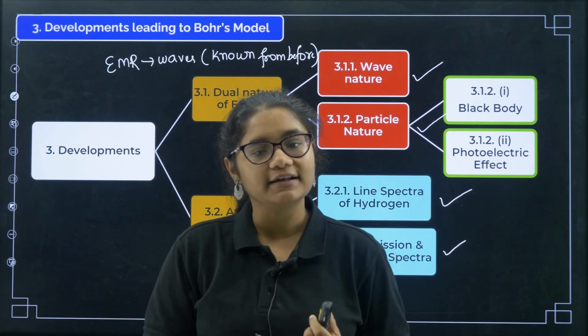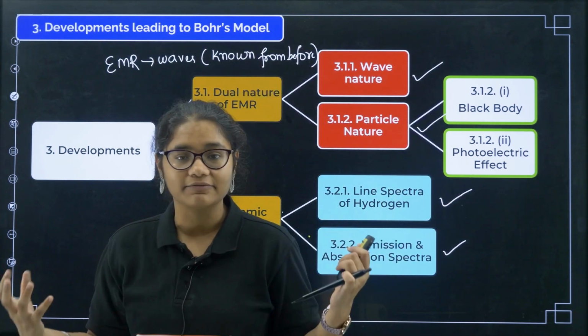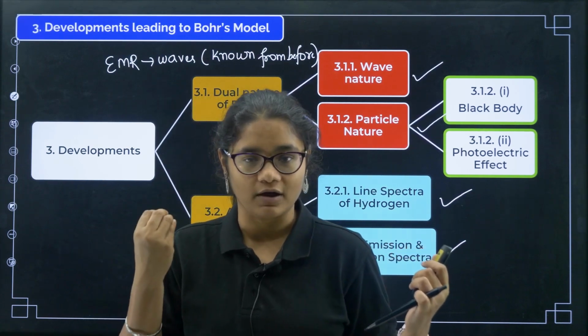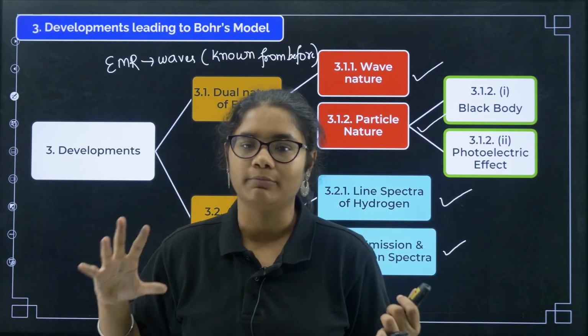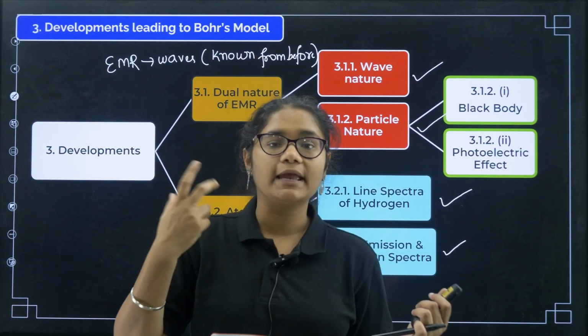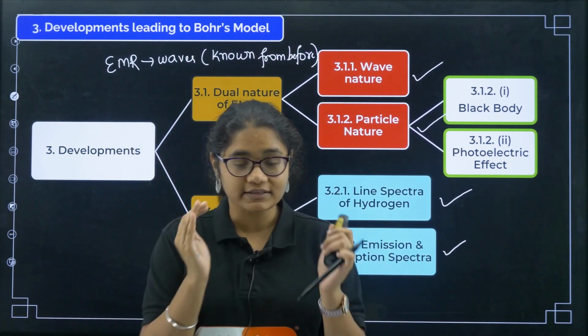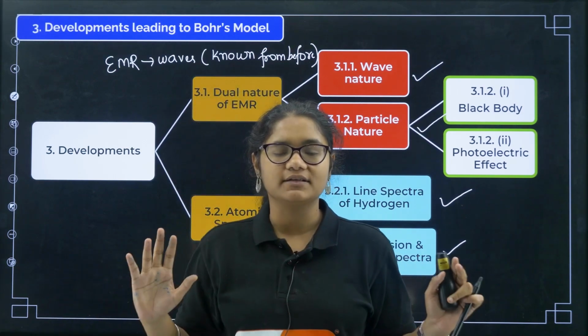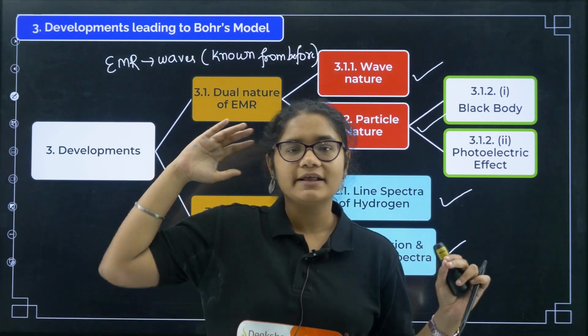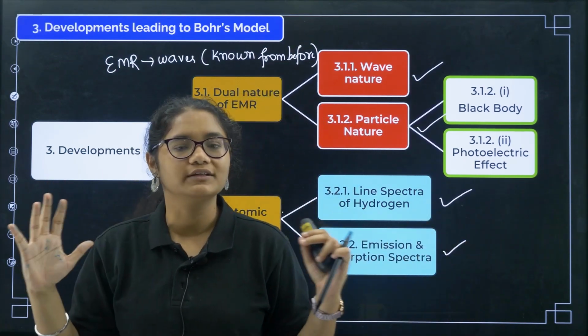Scientists were completely unaware of the particle nature of radiations. They only knew about the wave nature. This particle nature was still hidden. Nobody had discovered it, and the idea was very new to the scientists.